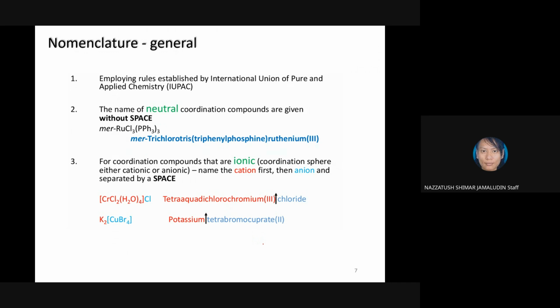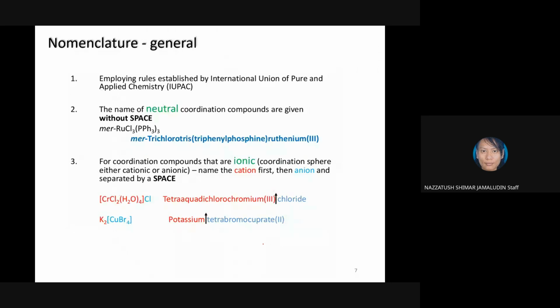Chemical formula is always written with the metal first, followed by the ligands. Among the ligands, we prioritize the anionic first, followed by the neutral ligand. But when we write nomenclature, we spell it out, and we have to write the ligands in alphabetical order, regardless of whether the ligand is anionic or neutral.